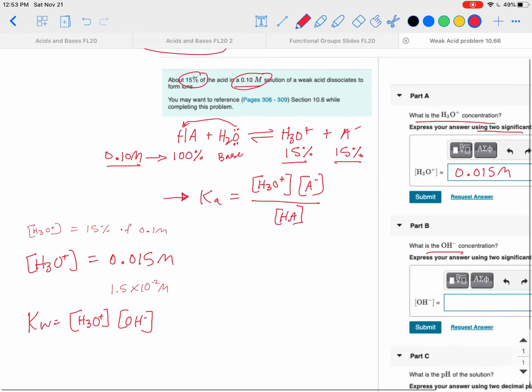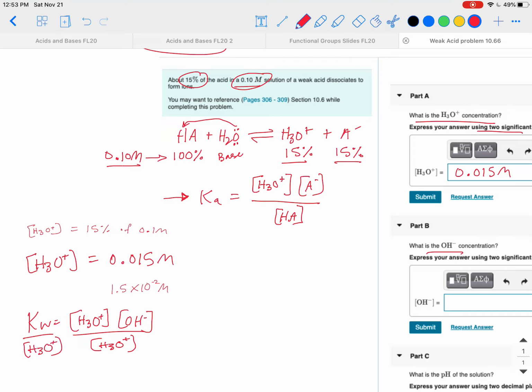So we know Kw, and now we know H3O plus. We're going to solve for OH minus. To do that, you divide both sides by the concentration of H3O plus. Those cancel. So what that is going to be is 1 times 10 to the minus 14. That's Kw. Divided by now 0.015.